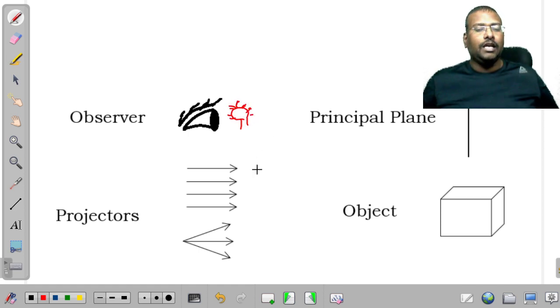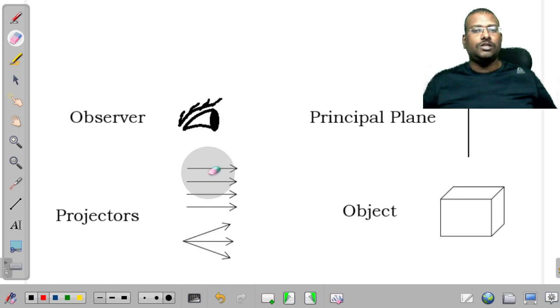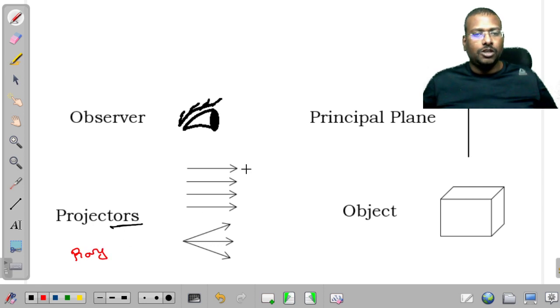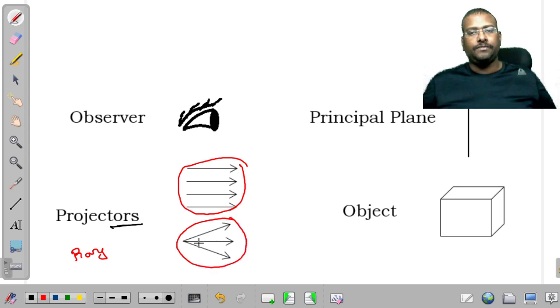In my explanation I consider the source of light or observer as the eye of the observer. The projectors are nothing but rays. Parallel projectors I represent like this, and diverging projectors diverge like this.